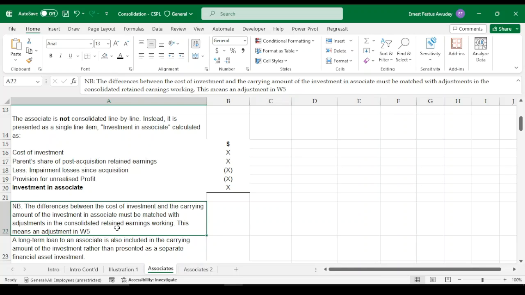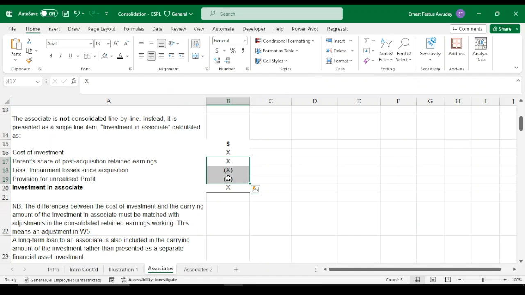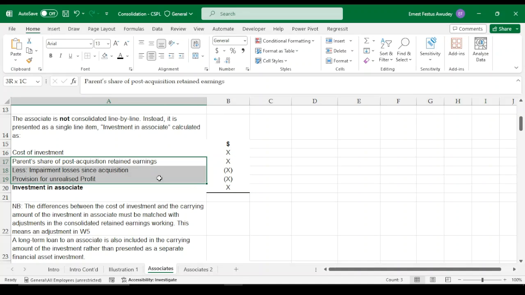So when you are calculating your retained earnings, which is the group retained earnings, you are going to include these figures as well. So in addition to what we already know as the calculation for group retained earnings, we are going to add these 3 items as well. That is exactly what we are saying here. All right, so I hope you get that.